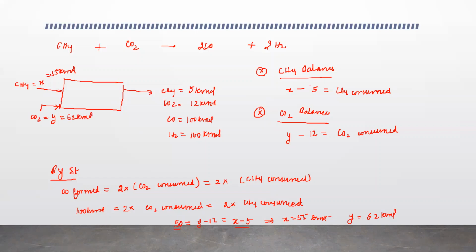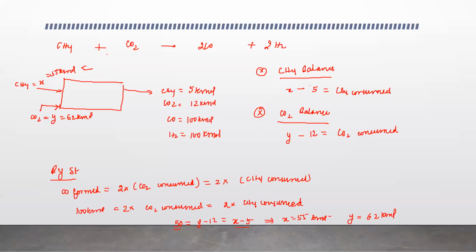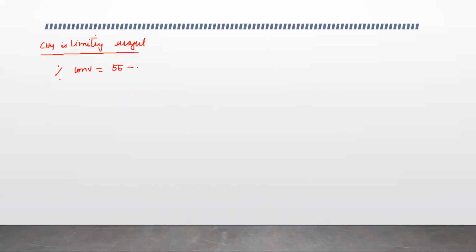Since CH4 and CO2 react in a 1:1 stoichiometric ratio, definitely CH4 is the limiting reagent, right? So since CH4 is the limiting reagent, percentage conversion is equal to CH4 supplied, that is 55, minus CH4 left, that is 5, upon CH4 supplied, that is 55, into 100.